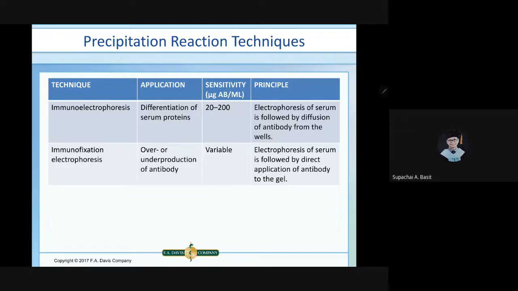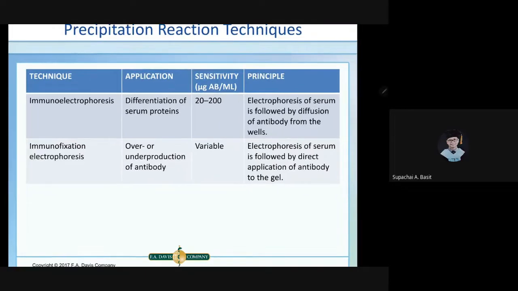The sensitivity range of immunoelectrophoresis is between 20 to 200 microgram antibody per ml. The principle of immunoelectrophoresis is you allow electrophoresis of serum, followed by diffusion of antibodies from the wells. So antibodies will diffuse out of the well.